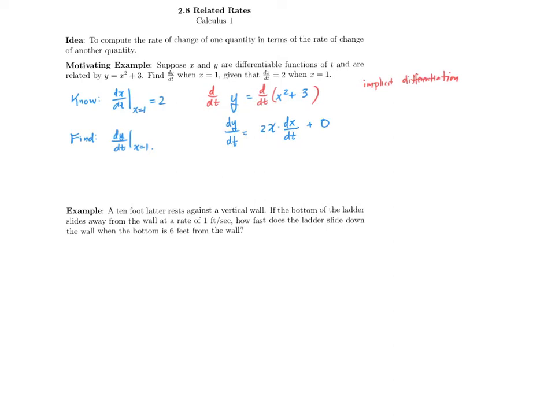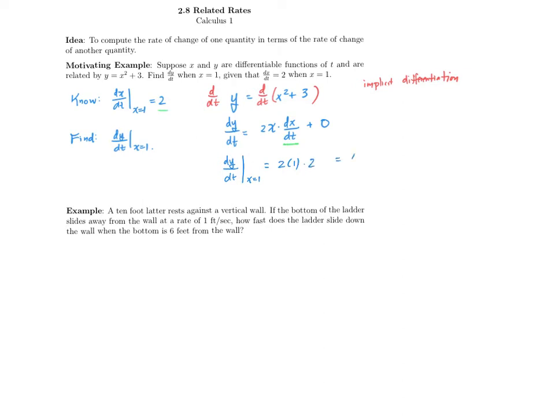And now we are exactly where we want to be. We would like to know what is dy/dt when x is equal to 1. So dy/dt when x is equal to 1 is equal to 2 times 1, and we know that dx/dt when x is equal to 1 is equal to 2.